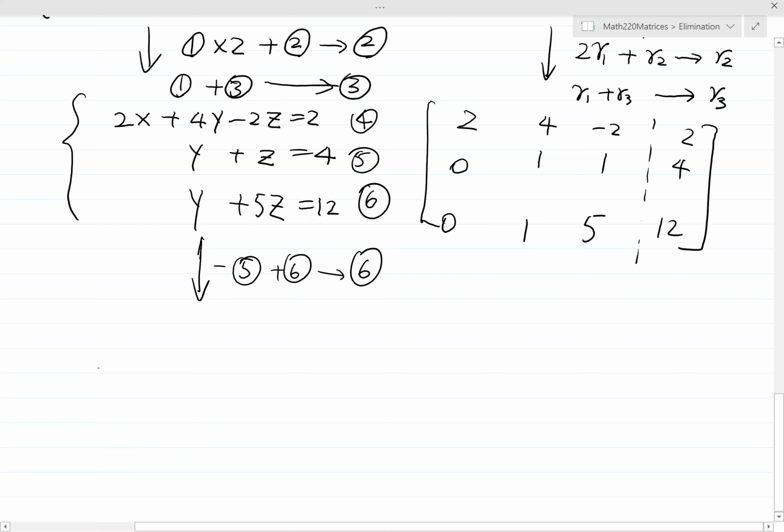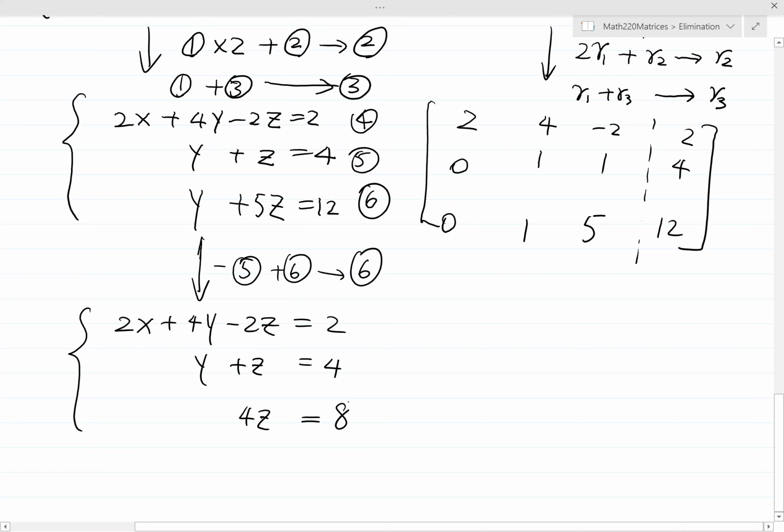So we get 2x plus 4y minus 2z is 2, y plus z is 4, and then 4z, y is eliminated, which is 8. Now the corresponding row operation is negative R2 plus R3, replace R3.